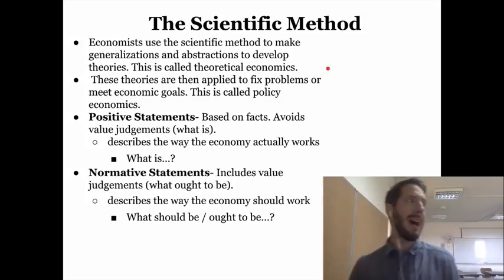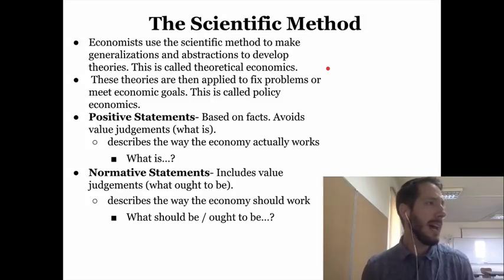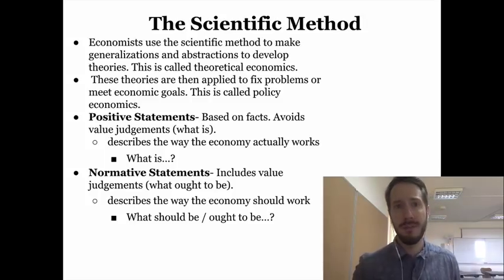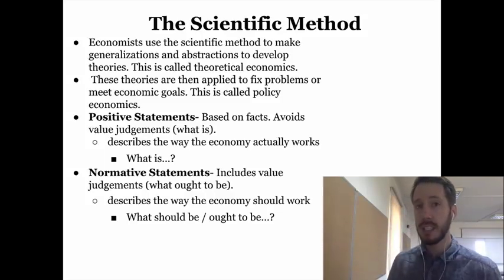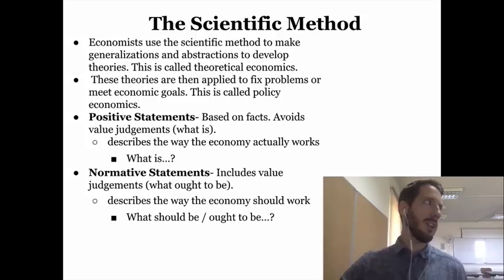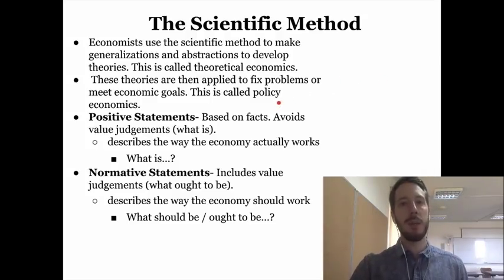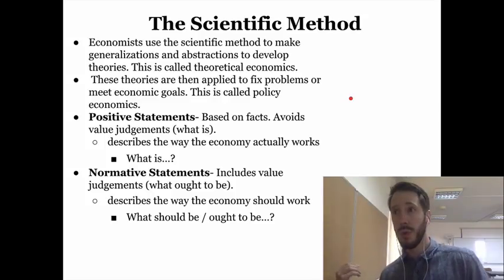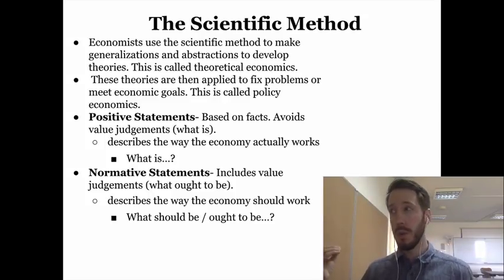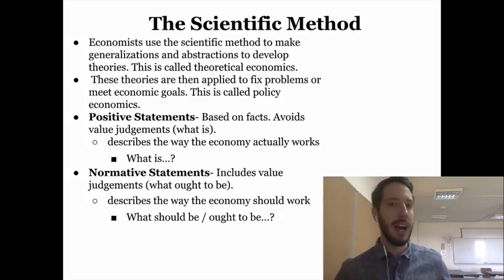Things like, I think that every country should have health care and it'll be efficient. Well, if I just say that and I don't test it, it's just theoretical. But let's say someone comes up with a process to test that theory or that formula that an economist comes up with, then it's going to be called policy economics, where you take a particular theory or a model for looking at the world or individuals' buying decisions or the decisions that businesses make and apply it.